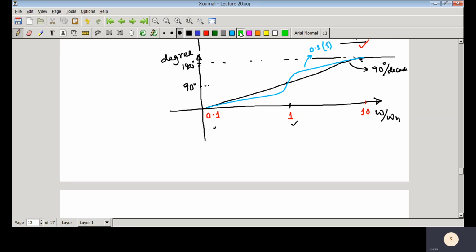And if you increase the value of zeta, then it looks like that. So this is say zeta 0.3, like this. That means there is a correction, and the black one is zeta equal to 1. This is zeta equal to 1.